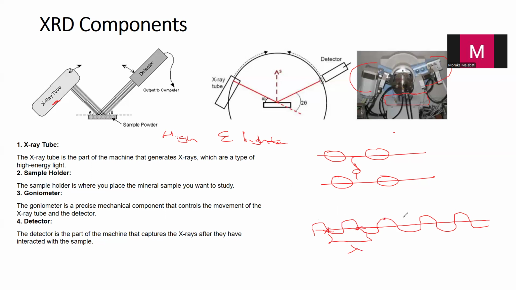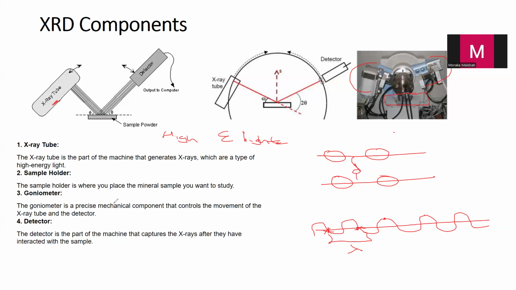The short wavelength of these X-ray beams is similar to the distance d between the atomic planes. That is one thing I want you to keep in mind.